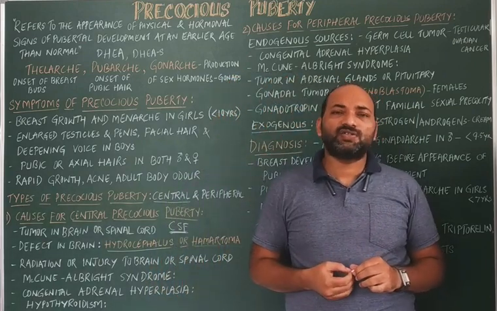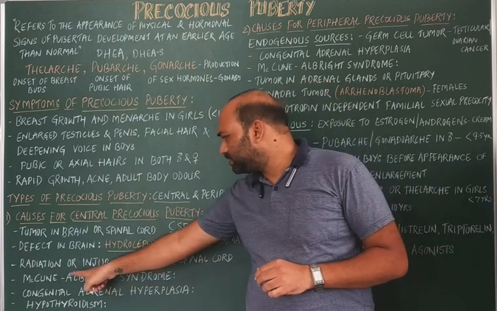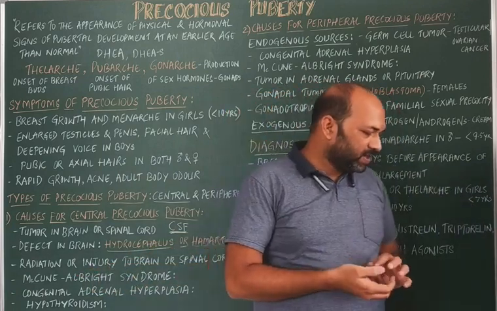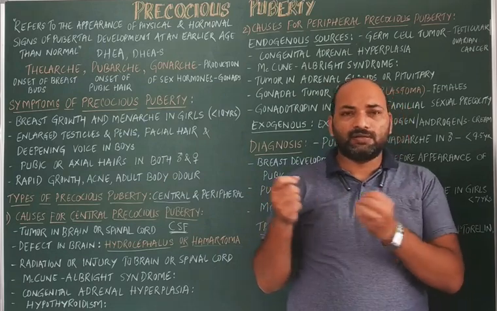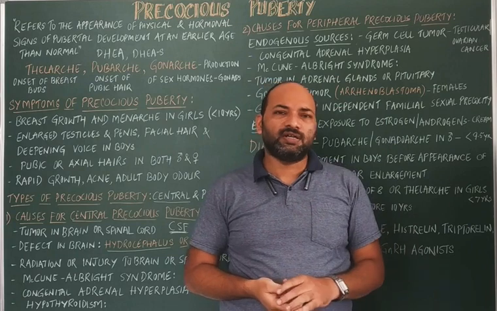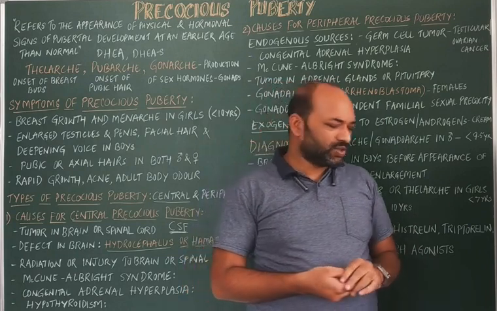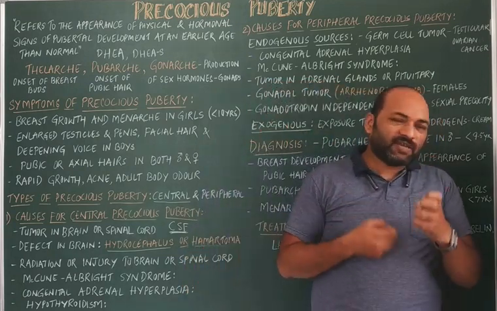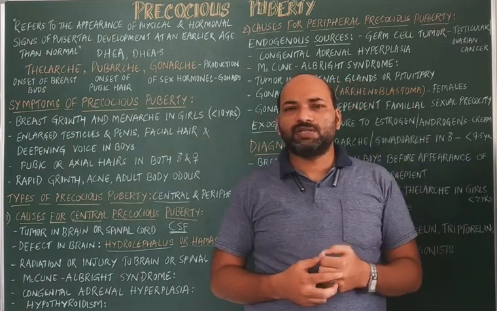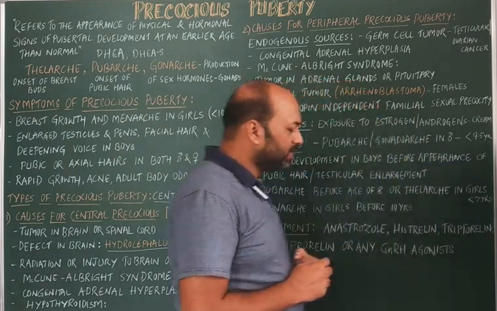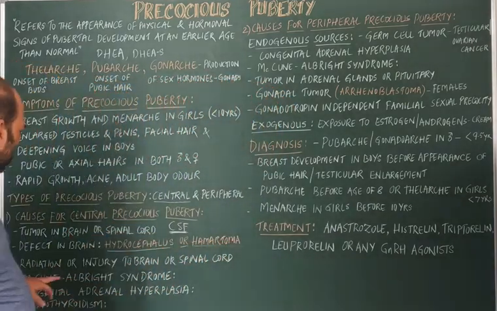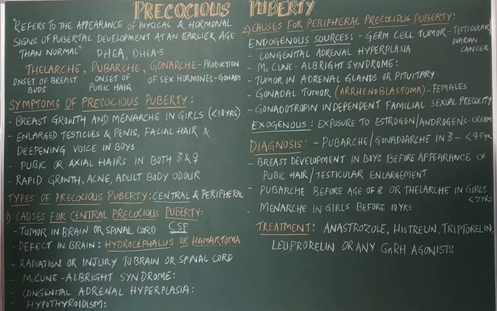If there is a mutation in this gene, then that results in McCune-Albright syndrome. This syndrome is a rare genetic disorder, and when the mutation occurs it affects the bones as well as the skin color and causes hormonal problems. So that is McCune-Albright syndrome.